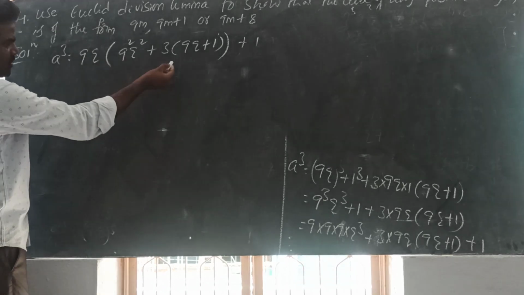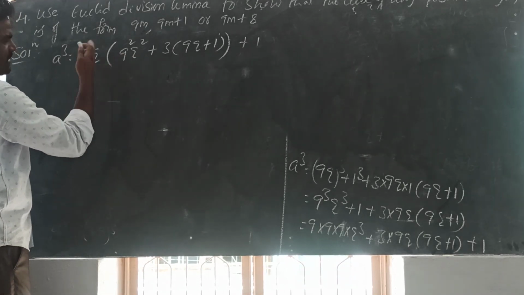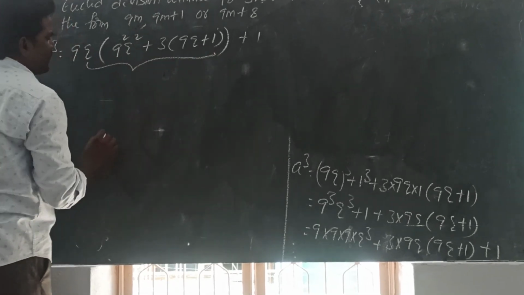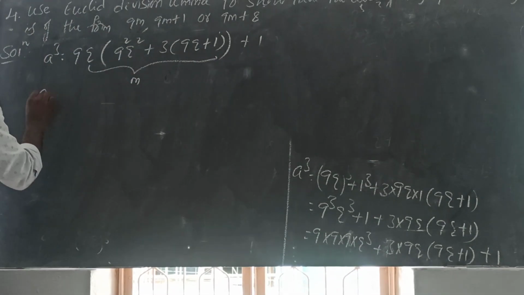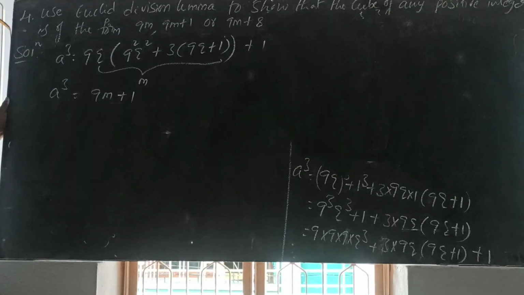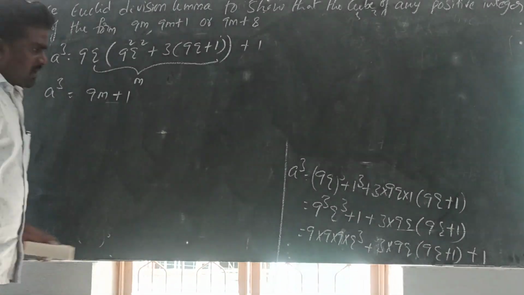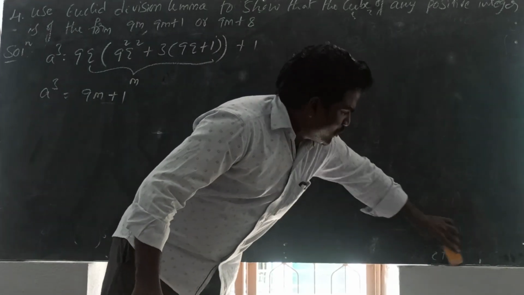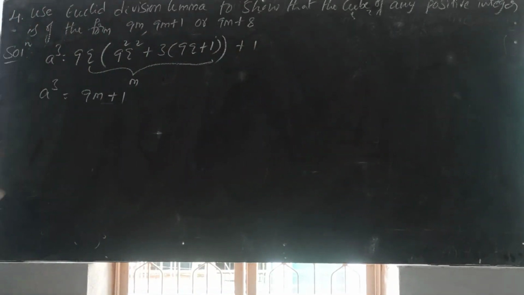So q is a positive integer. Simplifying this total, we get one positive integer, which we can take as m. So a cube is equal to 9m plus 1. So in case 2, if the remainder is equal to 1, its cube is in the form of 9m plus 1.